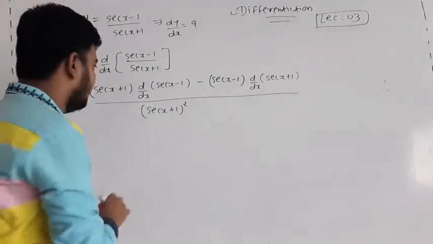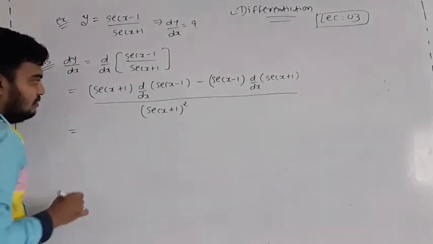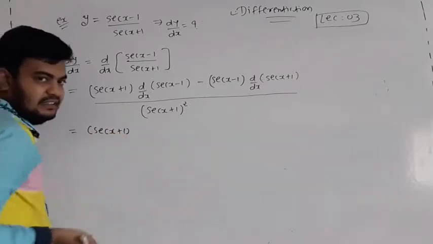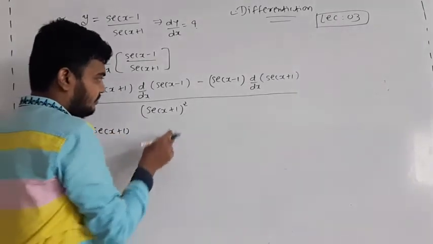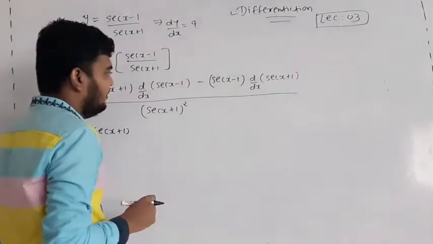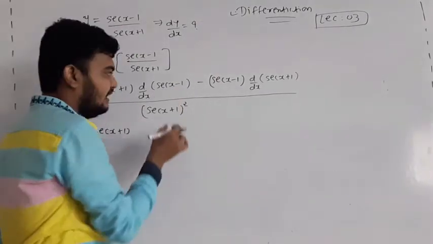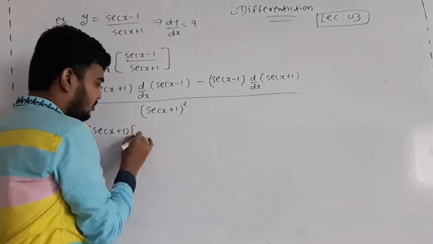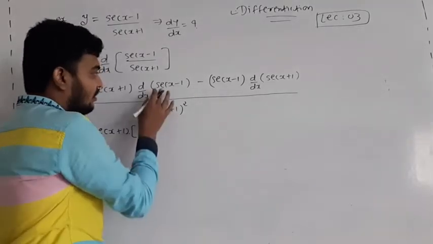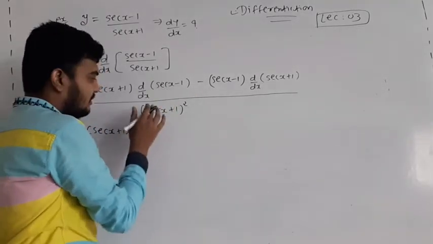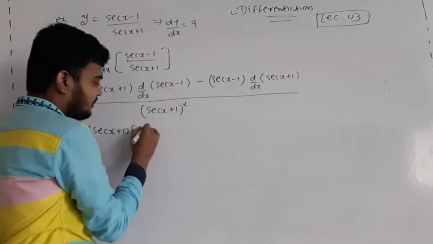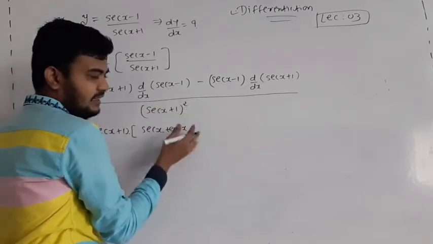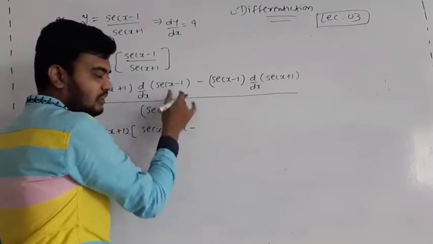Now sec x plus 1 as it is, and here a minus sign. We know that if there are plus or minus signs between two functions, then we differentiate separately. So d by dx of sec x is sec x into tan x, minus sign as it is, and the derivative of a constant term is 0.